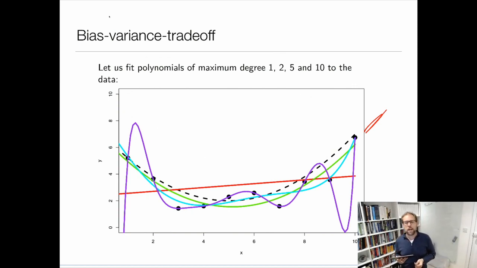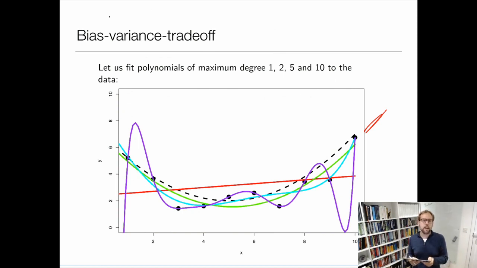Why that's the case might not be that clear when just looking at this picture, but if this data is some small sample from a population of points, and I want a model which applies to the whole population or to new data, then obviously this 10th order polynomial might not be a good fit.